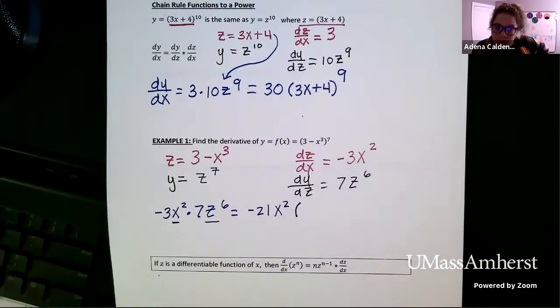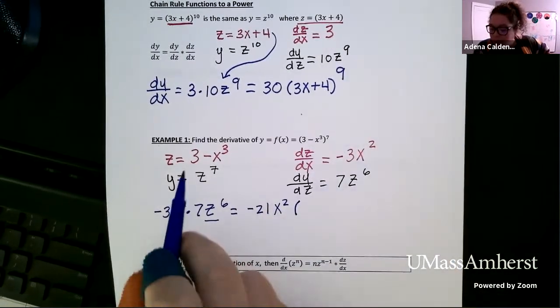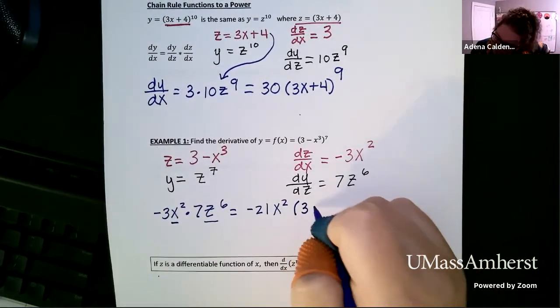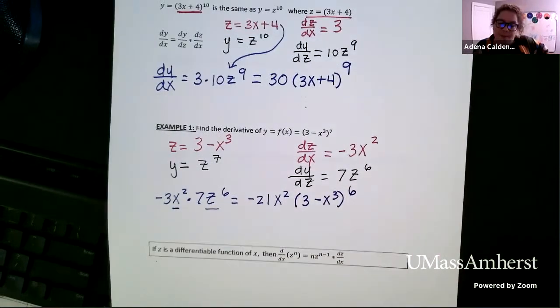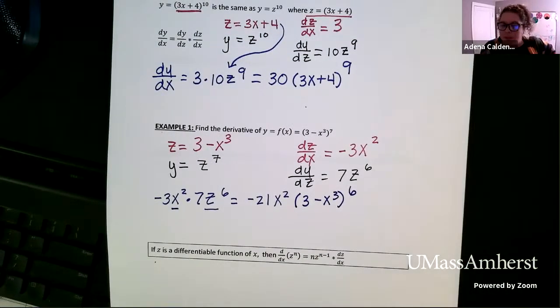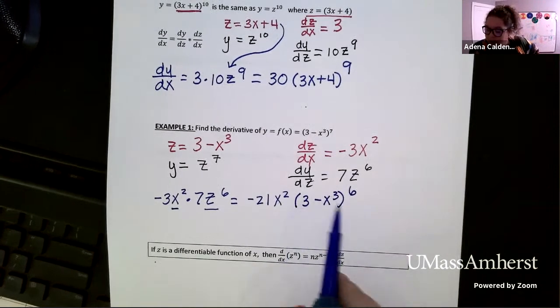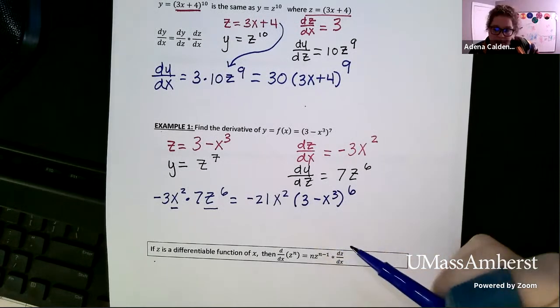So I substitute back in for what z represents. So I'm going to use parentheses since there's more than one term here. So we have 3 minus x cubed to the 6th power. Some really important things about simplification here. Since z is raised to the 6th power, the entire z function has to be raised to the 6th, so you have to use parentheses here.